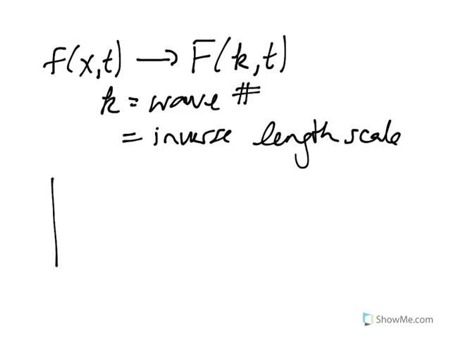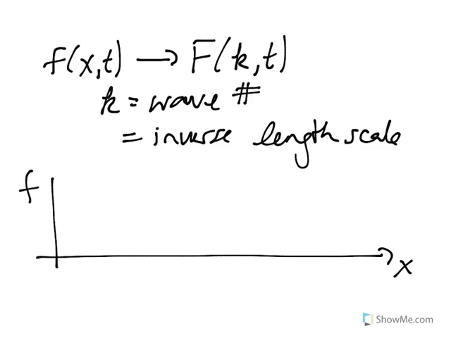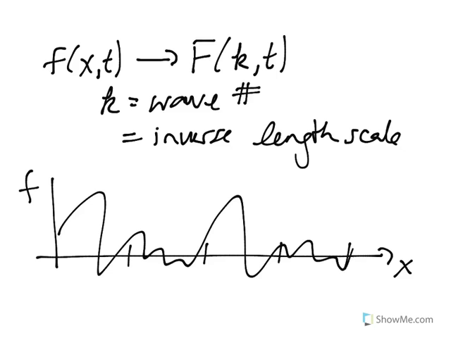So here's an example. If we had a function f of x, which looked something like this, there are several length scales in this problem. Here's one, for example. Here's another smaller one here. Oops. And in fact, there are many.